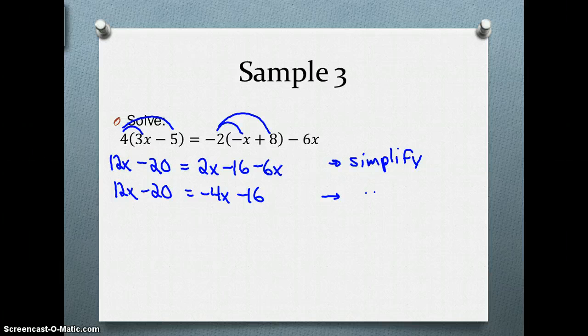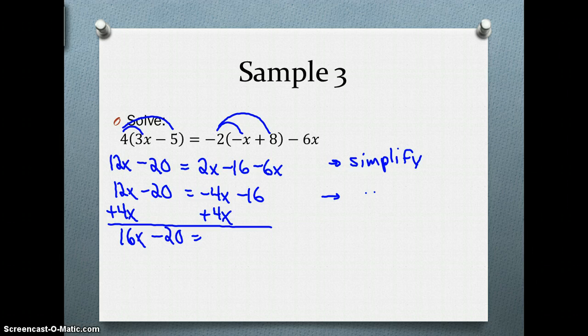Now we're going to try to get the like terms together. Again, I like to work with those variables first. That means I'm going to add 4x to both sides. The reason here, I have a negative 4 and a positive 4. It's going to cancel those out. I get 16x minus 20 is equal to negative 16. So now I have to get this 16x by itself.